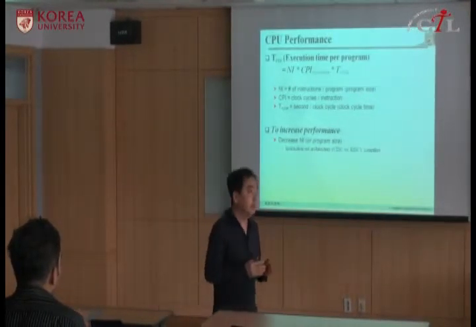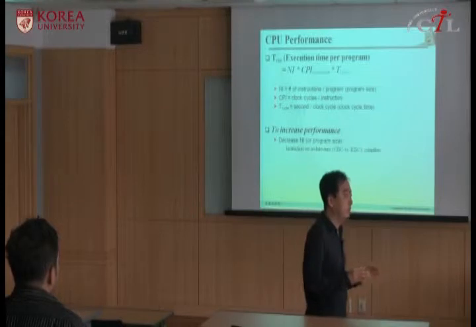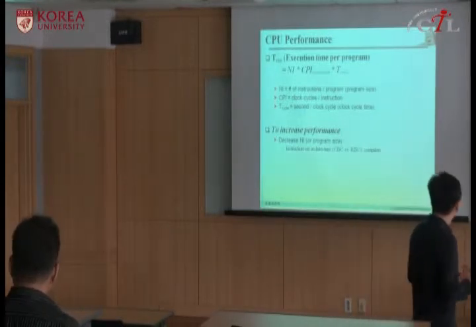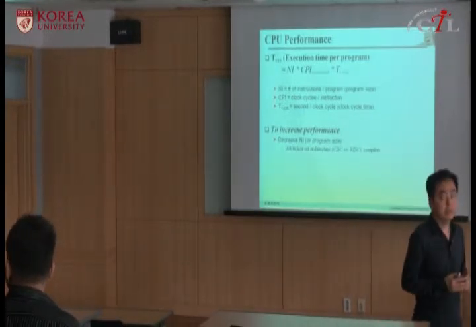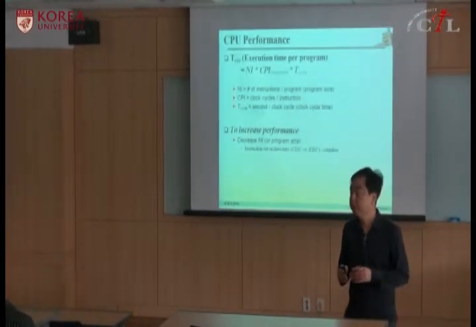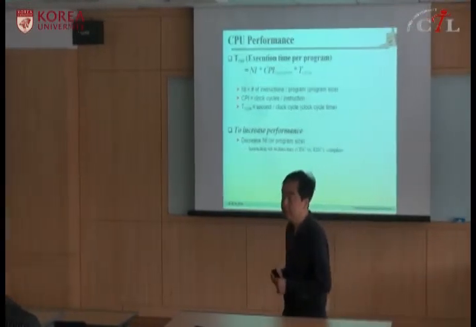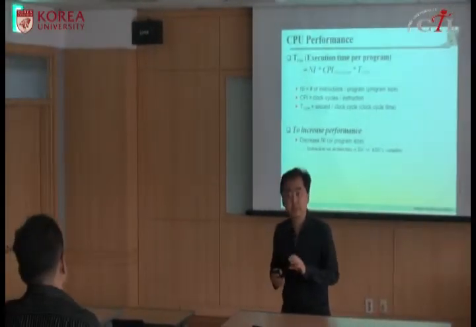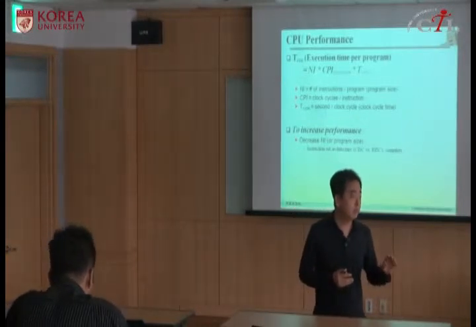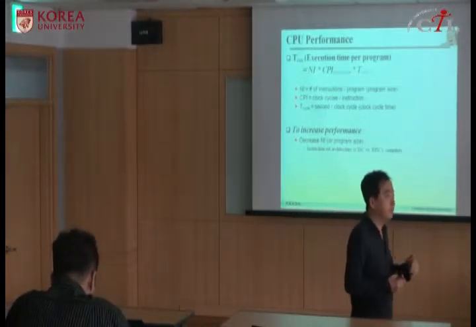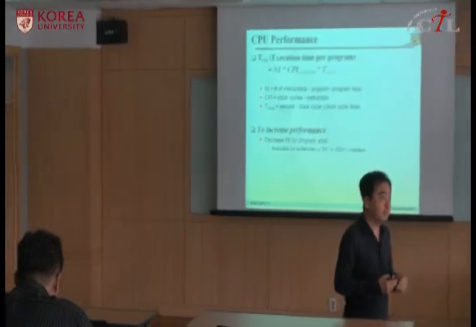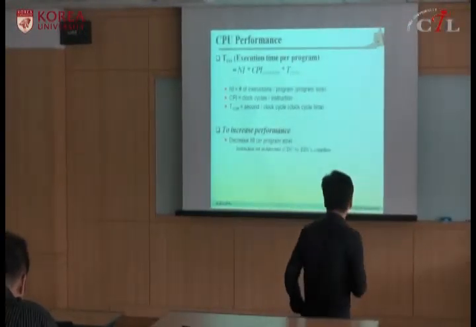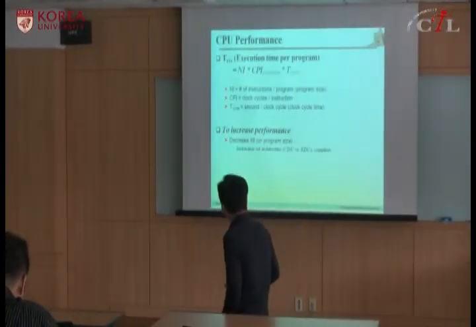If you compare two different machines with the same clock speed and the same IPC, you should choose the CISC machine because it gives a more compact program. A small program means it requires fewer instructions to complete the program. So that's the program size.